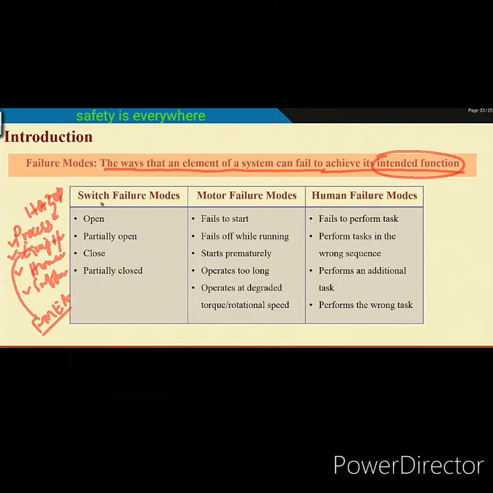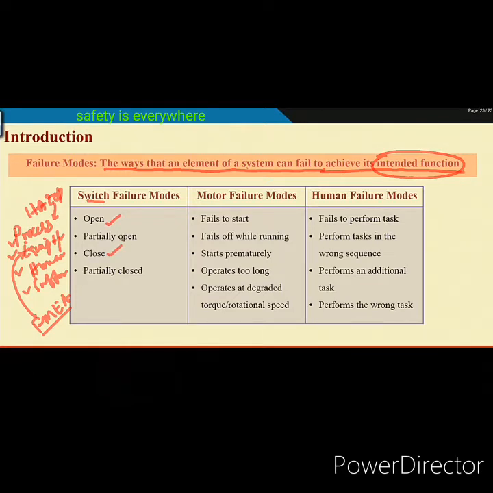For example, take an electrical switch. You want to close it, but it remains open; that is a failure mode. On the other hand, you want to open the switch, but it is in closed mode.